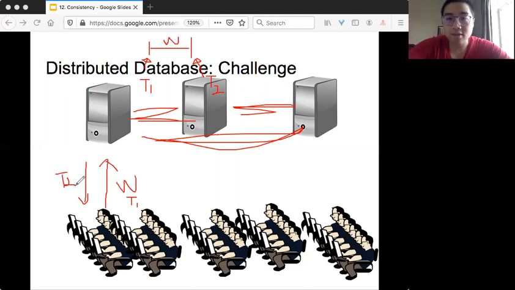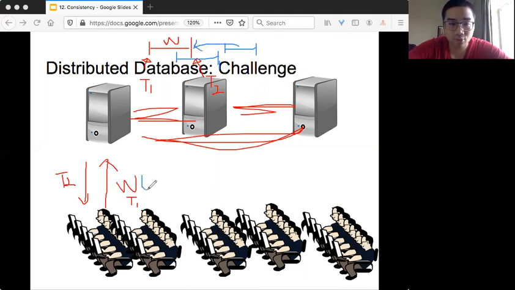Now, what the consistency is about: suppose I have a read operation that overlaps with the write, or a read operation that occurs after this W. Should this read see the write operation?